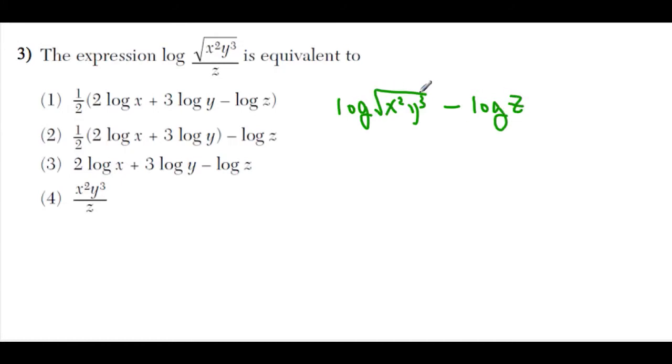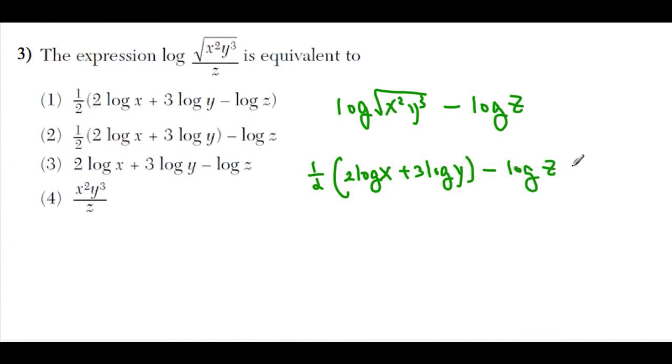Now this radical is in fact 1/2 as an exponent, so we could have 1/2 covering the whole thing. And here we have this 2 as an exponent, so we could have 2 log of x plus 3 log of y minus log of z. Then here we end up getting choice 2 seems to be our answer.